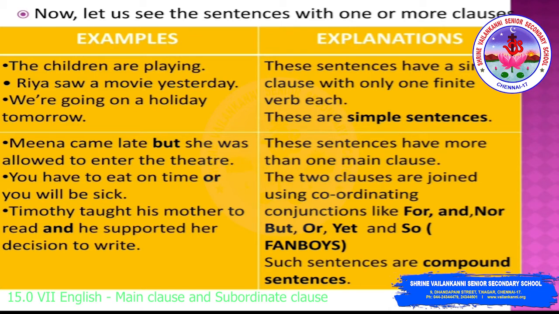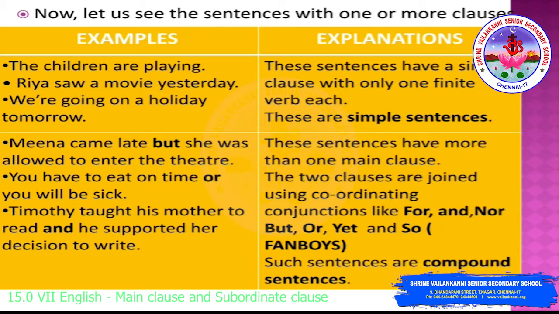The children are playing. Playing is the verb. Saw is the verb in the second sentence. In the third example, we are going. Going is the finite verb here. So these sentences are called simple sentences with one independent clause and one finite verb.